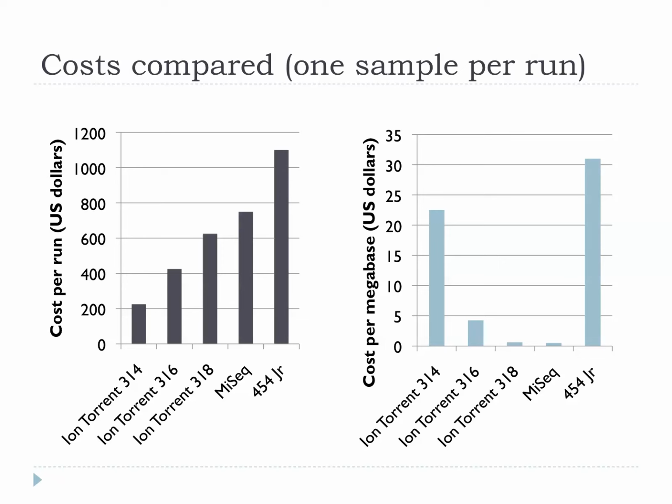And in terms of cost per megabase, it comes out as even more of an outlier. Ion Torrent are on a trajectory where they brought out a very early chip, which was really quite badly spec'd, the 314, and on that, the performance was dreadful in terms of cost per megabase because the throughput was only giving you 10 megabases per run. But things improved very quickly, and they're now comparable to things like the MiSeq.